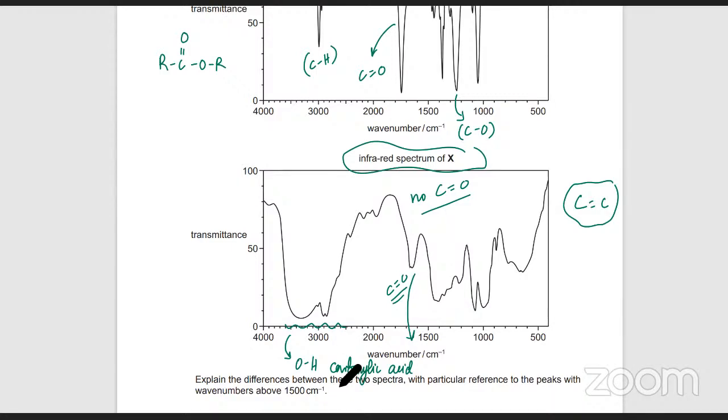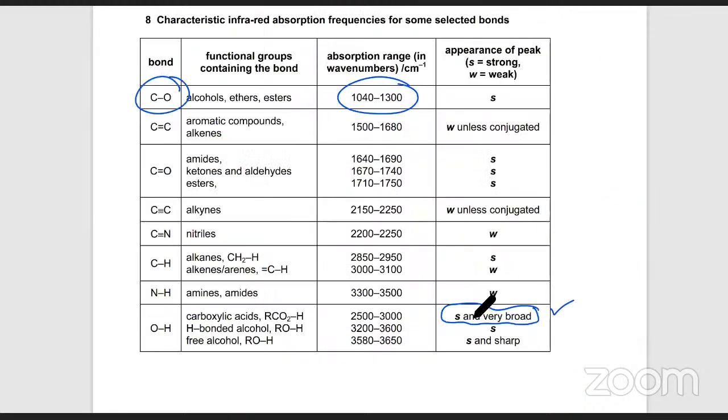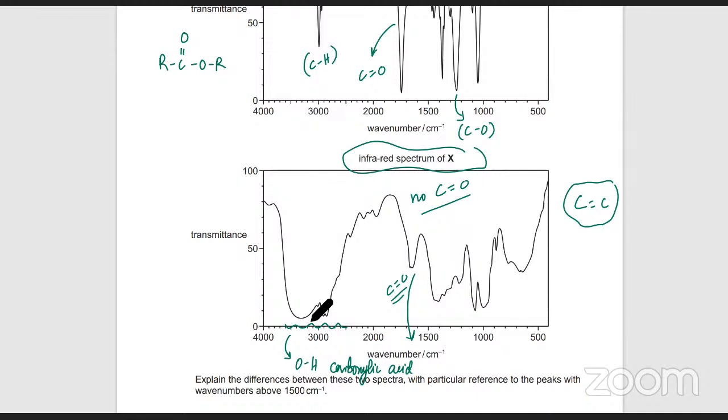तो ठीक है, इसके ऊपर मुझे doubt है कि this is an OH that is not carboxylic acid. Reason it's not carboxylic acid is because the OH that belongs to a carboxylic acid, its range is 2500 to 3000. Above 3000, it's usually an alcohol. So if you look carefully, this is clearly above 3000.